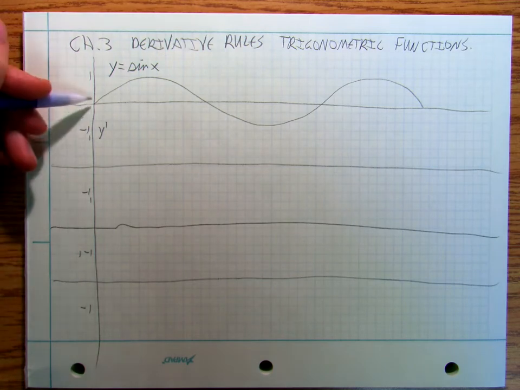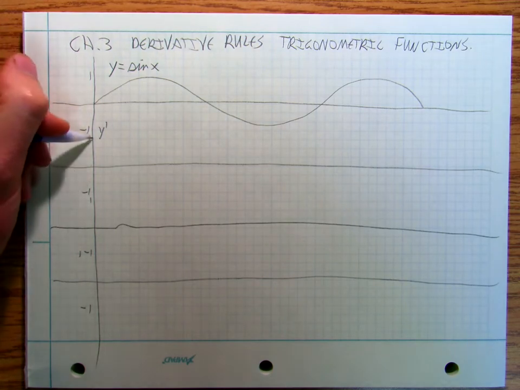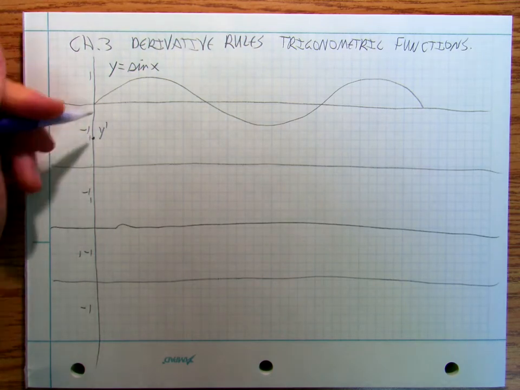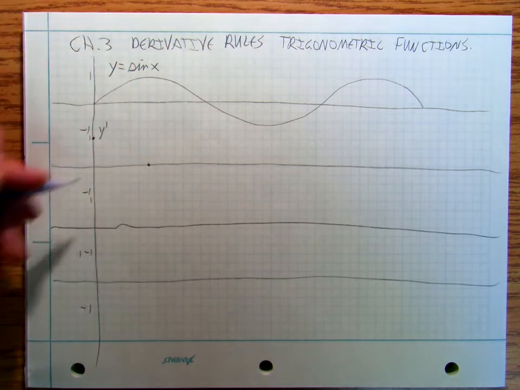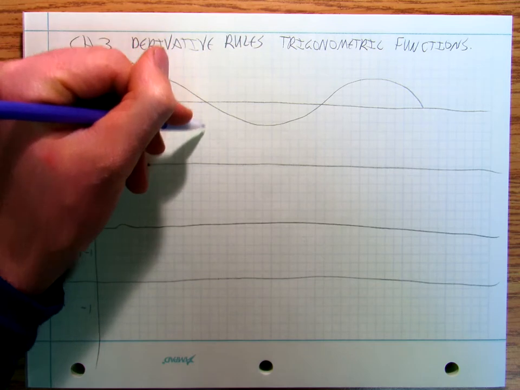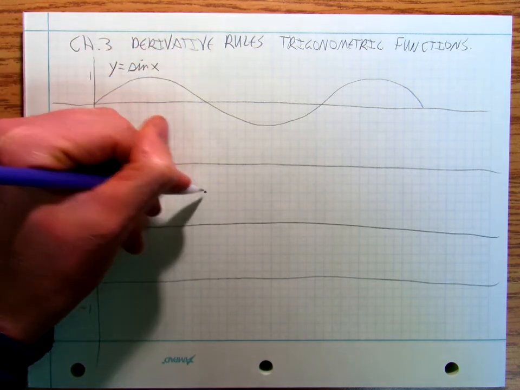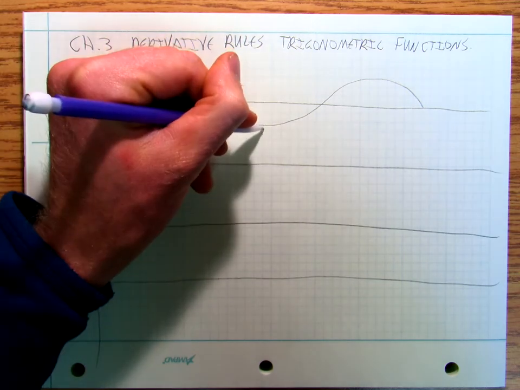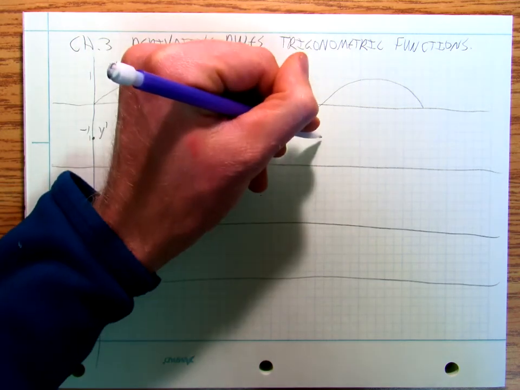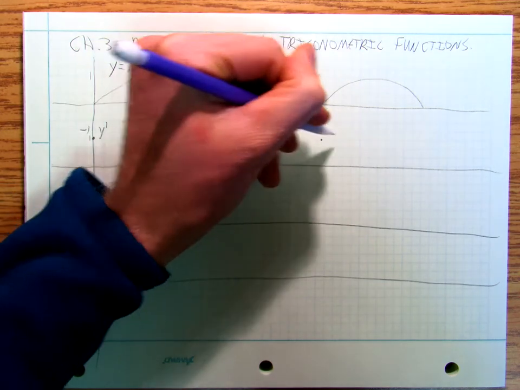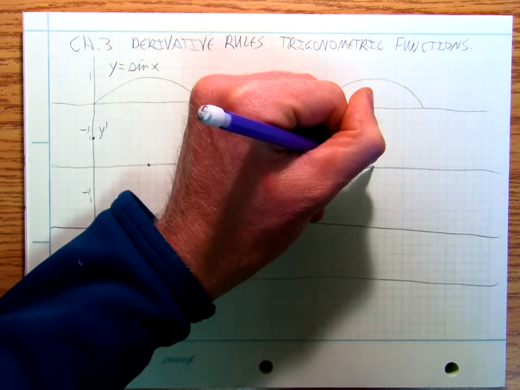So right here, it's going to have a slope of 1. Right here, a slope of 0. Right here, a slope of negative 1. Right here, 0. Right here, 1. And right here, 0.